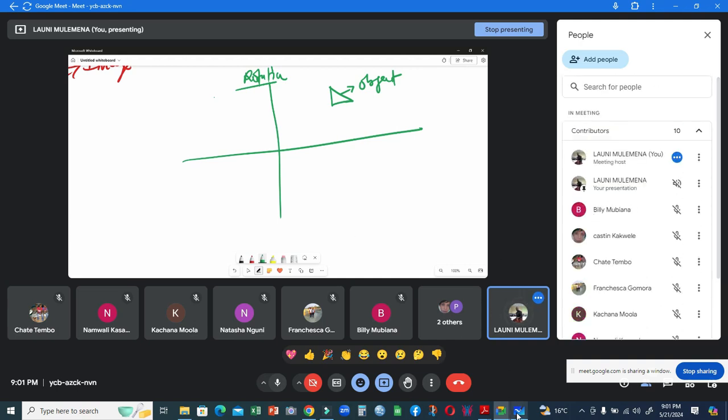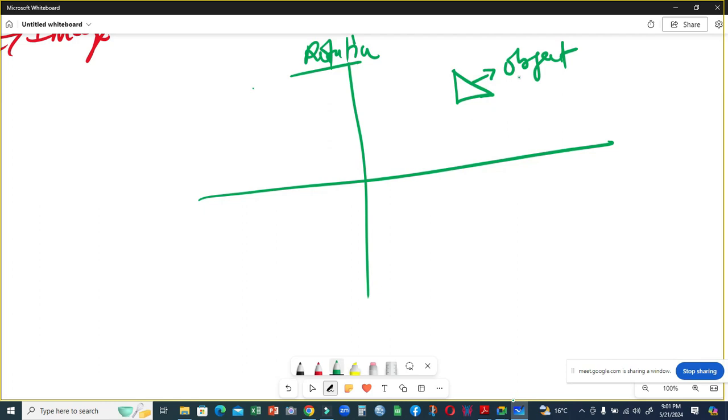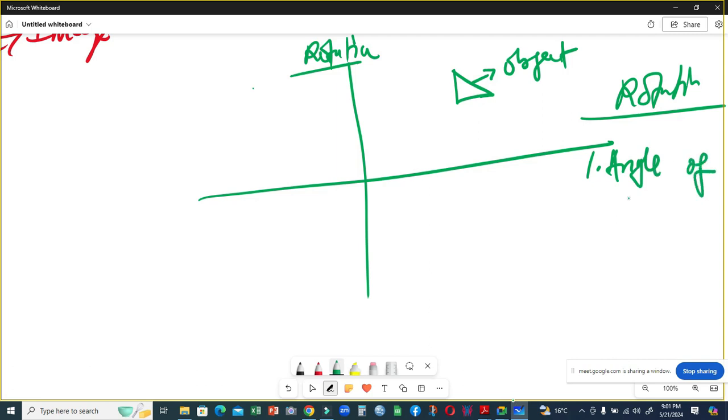Okay. So if this is the object, with rotation, we need to know three things, okay? One, the angle of rotation. Two, we need to know the direction. Direction matters.